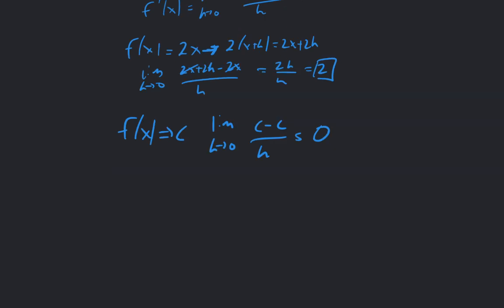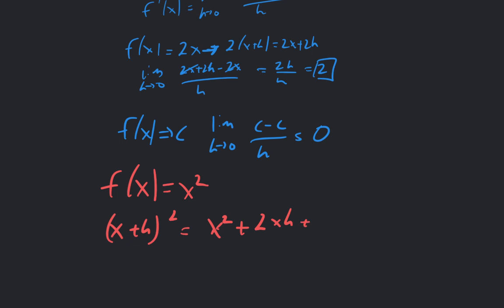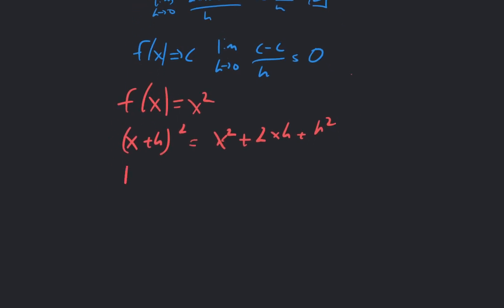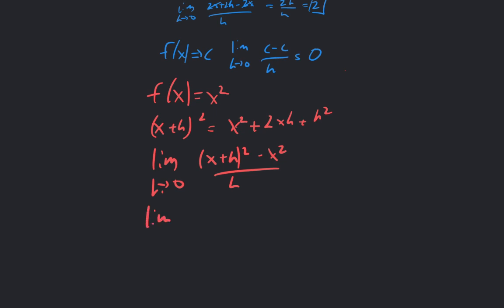If now we say, okay, our function is now x squared, we would have to do x plus h quantity squared, which would be x squared plus 2xh plus h squared, and then using the limit definition, this comes out pretty nicely.